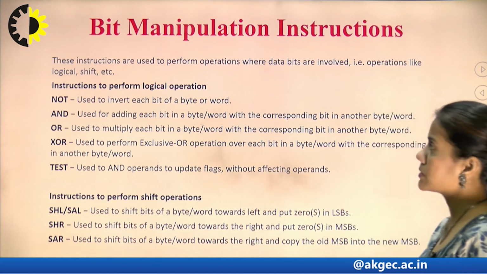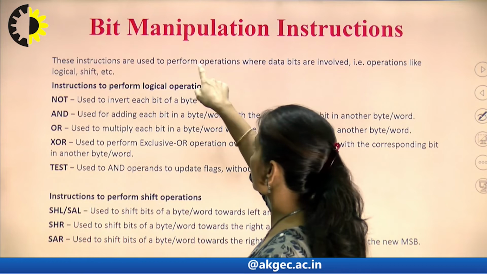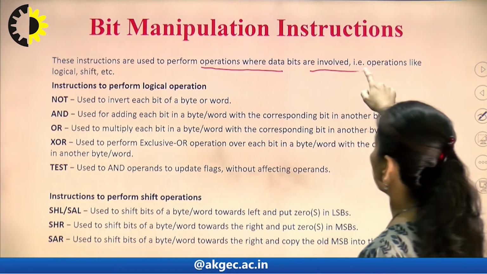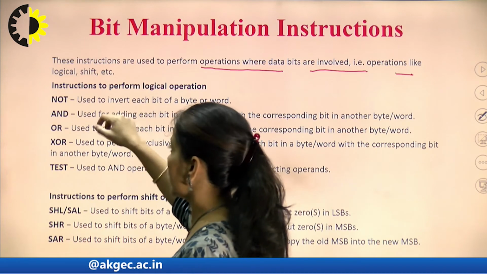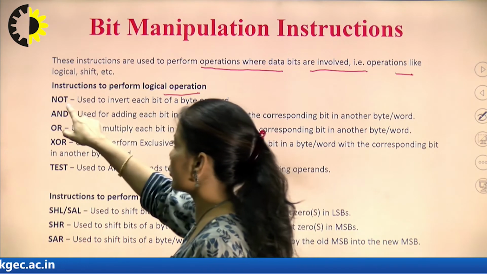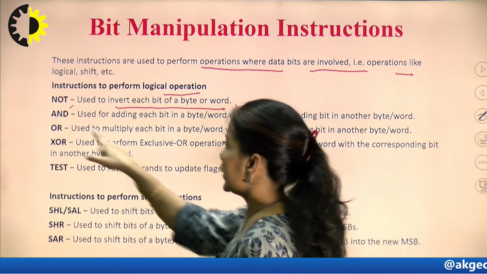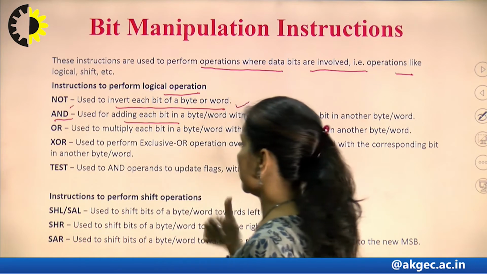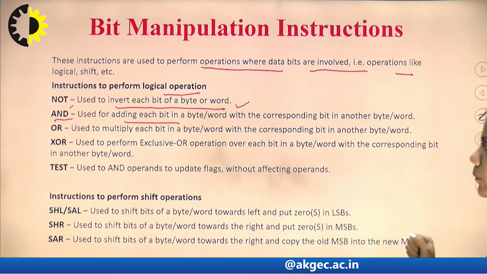The next instructions are the bit manipulation instructions, and these are used to perform operations where data bits are involved. Examples are logical operations, shift and rotation. Instructions to perform the logical operations: NOT is used to invert each bit of the byte or the word, and AND is used for logical ANDing of each bit in the byte or the word given in the operands.